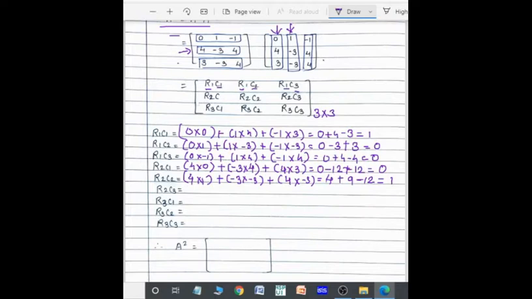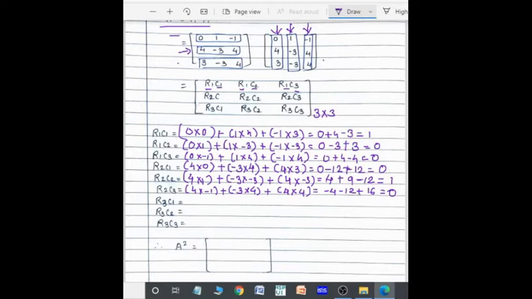R2C3, second row and third column: 4 into minus 1 plus minus 3 into 4 plus 4 into 4. That is minus 4 minus 12 plus 16. Minus 4 minus 12 is minus 16, plus 16 is 0.